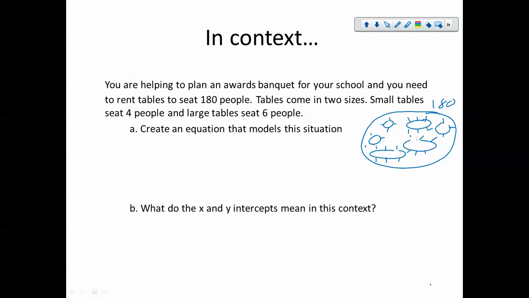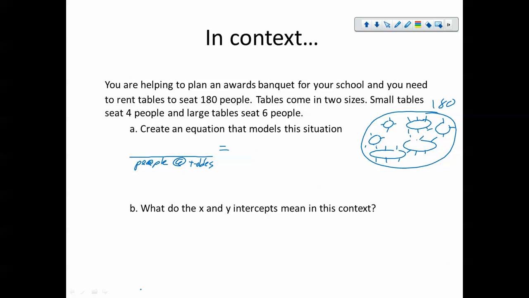So let's look at it this way, okay? On one side of our equation, we need to come up with a way to model the people sat at tables. People at tables.